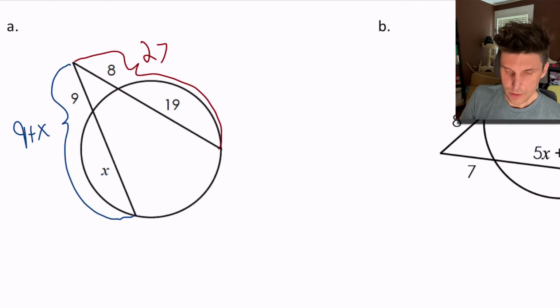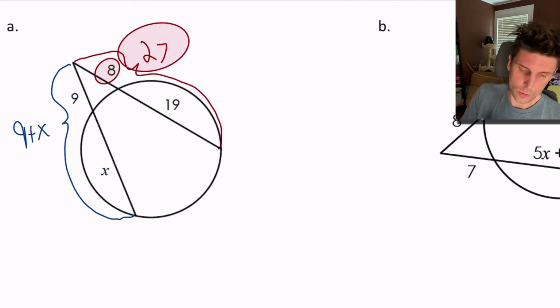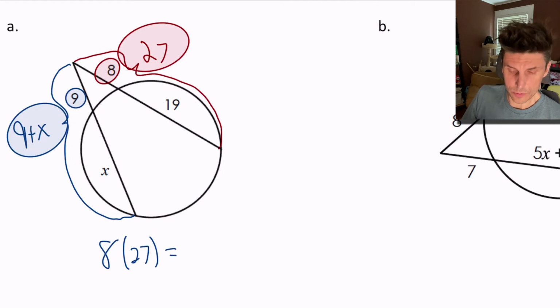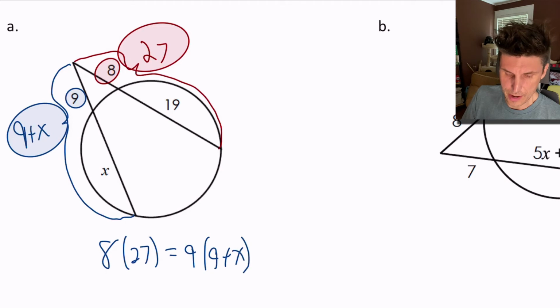So that means outside part, whole, outside part, whole. So we have 8 times 27 equals 9 times 9 plus x.